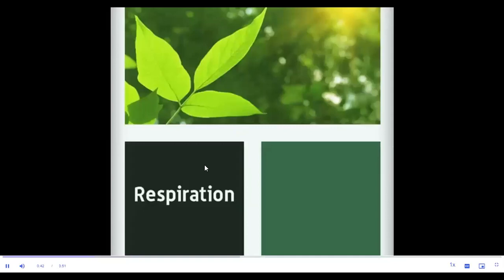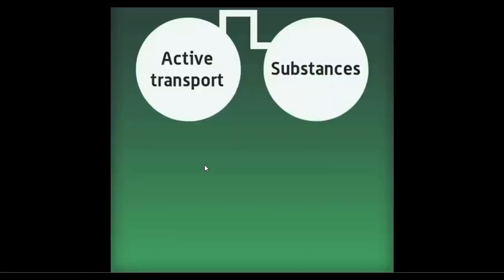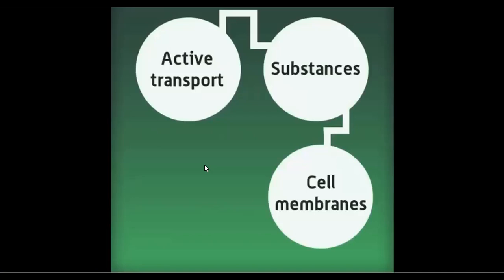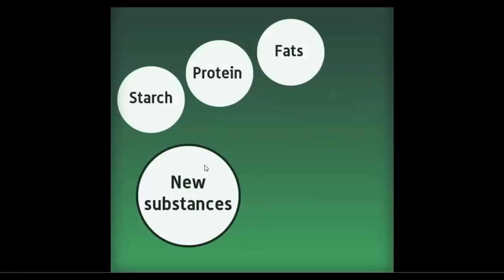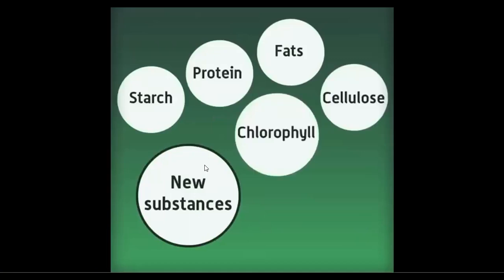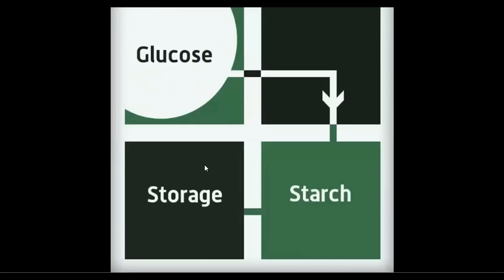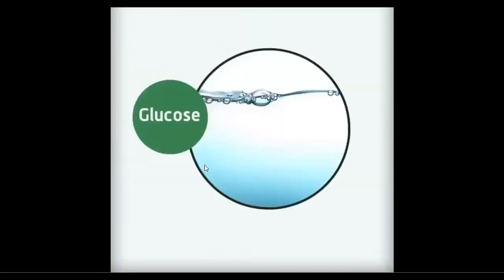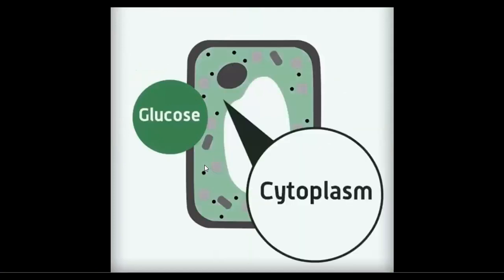The purpose of respiration is to release energy, which is used by plants for active transport of substances across cell membranes and to build up new substances such as starch, protein, fats, chlorophyll and cellulose. Glucose can be converted into starch for storage. Glucose is soluble in water, so if it was stored inside the cells as glucose, it would change the concentration of the cytoplasm.